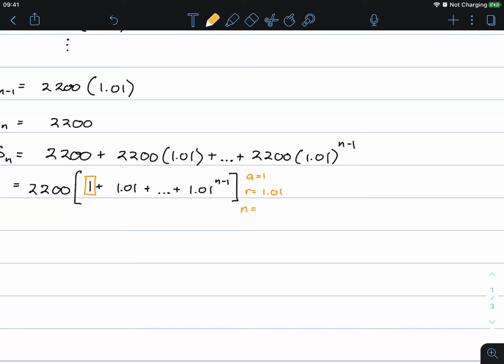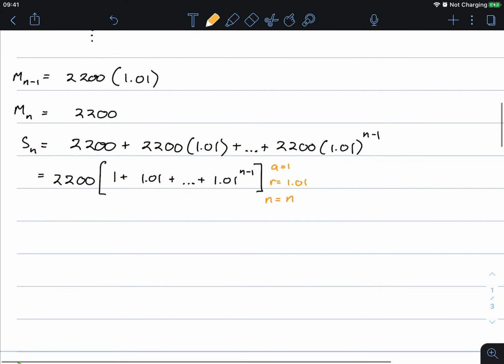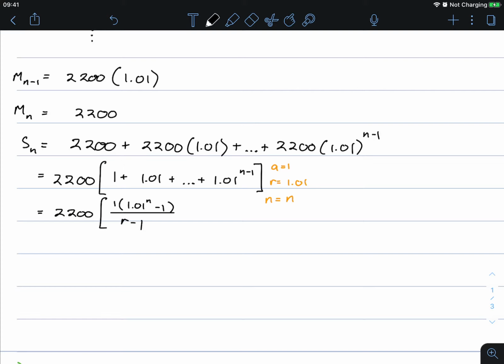Because there's one more term, the number of terms there are n. So this becomes 2,200 outside of 1 times, that's A, R to the power of n. In this case, it'll be 1.01 to the power of n minus 1 over r minus 1, in which case it'll be 0.01 like this.